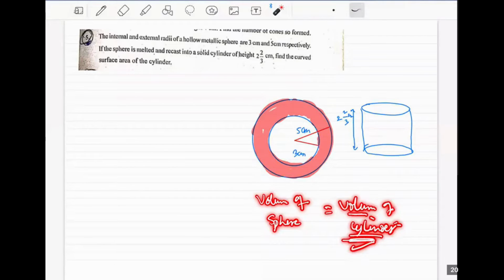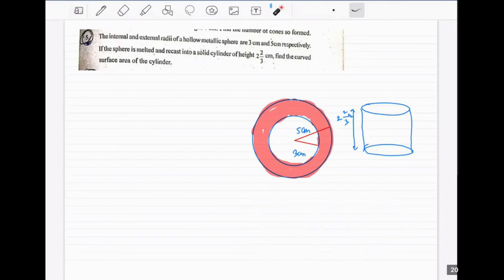It will be pi r square h. And there is a small issue in case of volume of sphere. The sphere is not a regular one, it is a hollow one, right? The usual volume formula for a sphere is 4 by 3 pi r cubed. But we have two spheres here, this big sphere and the small sphere. Where is the metal? The metal is the in-between part. So when you find the volume of the hollow sphere, you subtract the volume of the two.